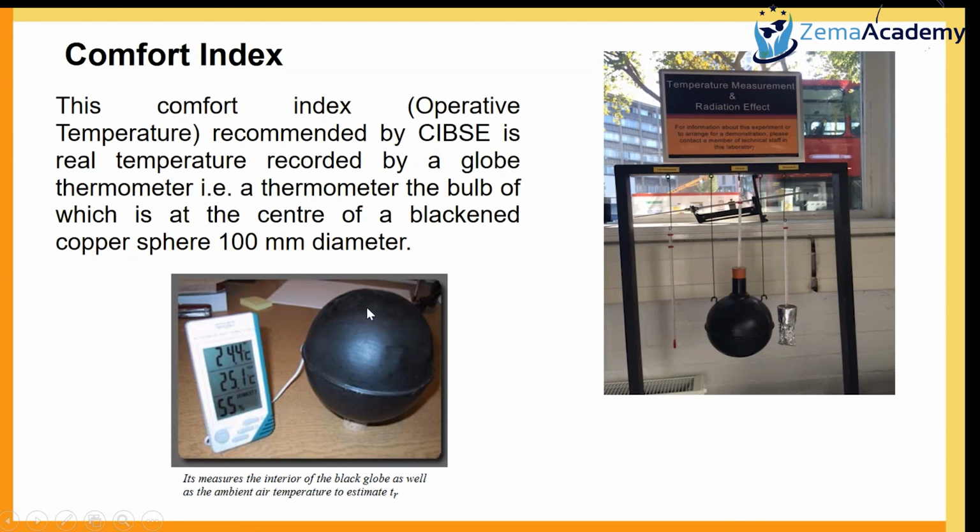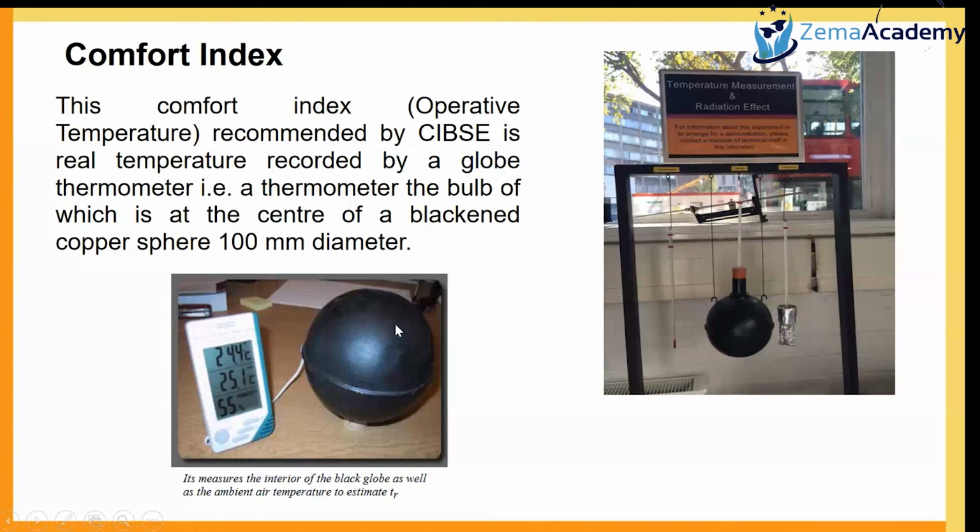It is blackened because whatever amount of heated air gets in contact with the surfaces by convection and because of the radiation, it will remain inside.